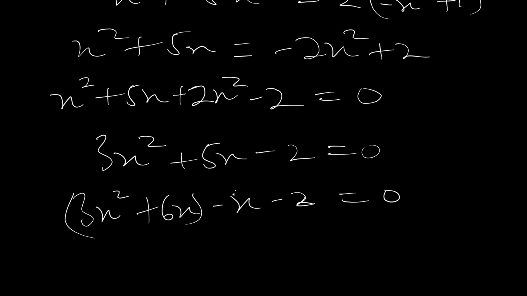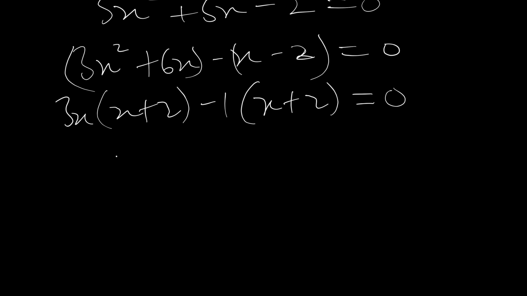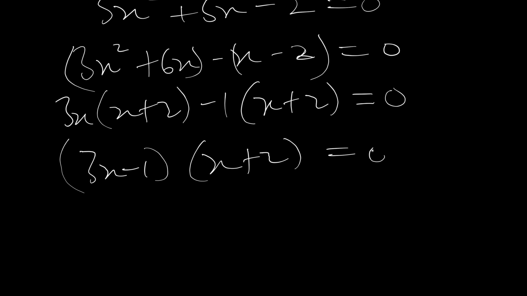So when we group and factorize, we get 3x out, x plus 2, minus 1 x plus 2 is equal to 0. So this will give us 3x minus 1 times x plus 2 is equal to 0.